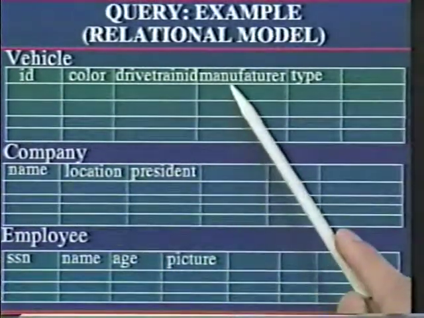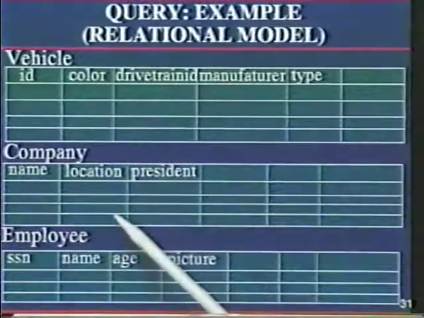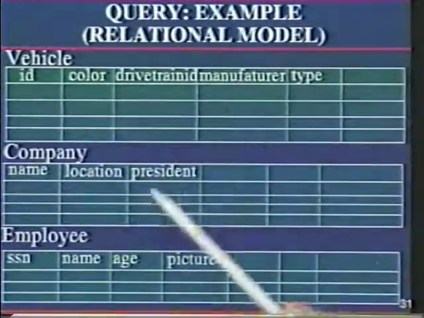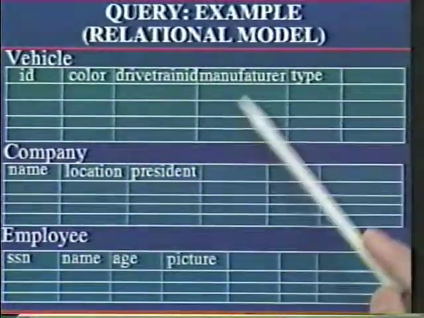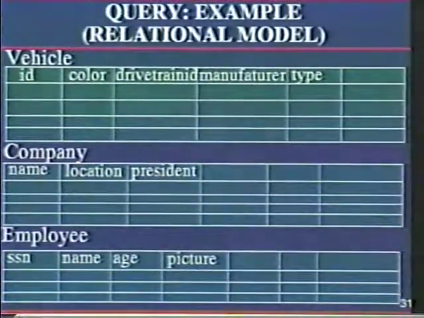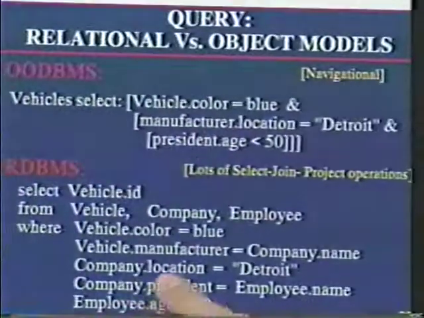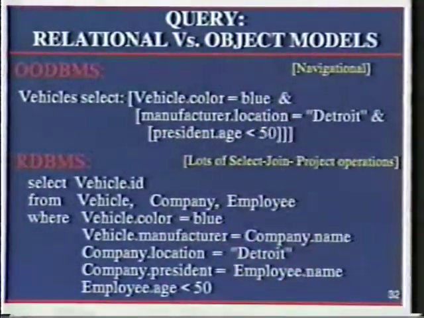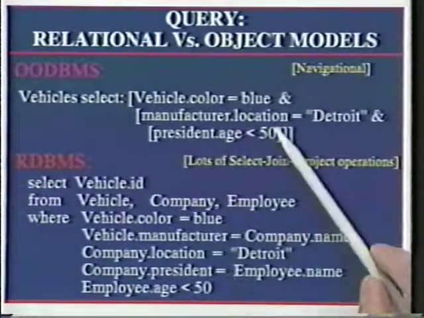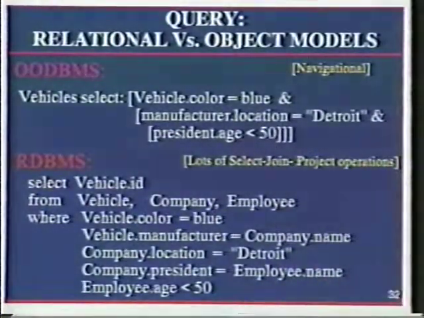So the foreign key is between the manufacturer here and the employee here, so the manufacturer name and the employee name have to match. So if you were to make a query to find all the vehicles whose color is blue and whose manufacturer's location is Detroit, and whose president's age is less than 50.